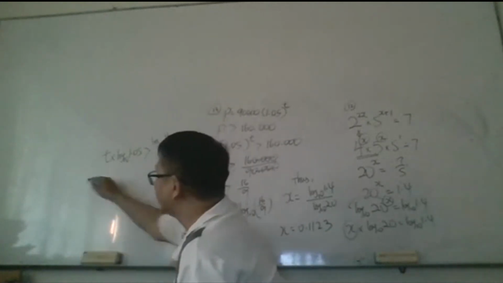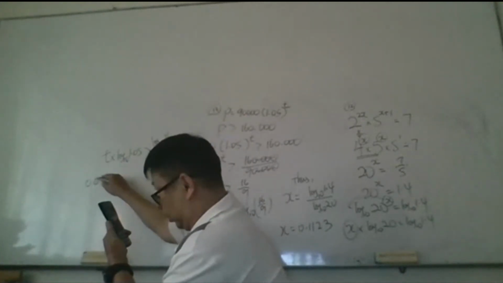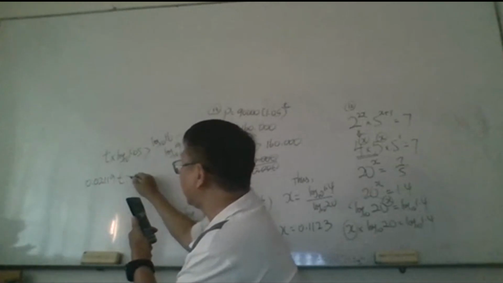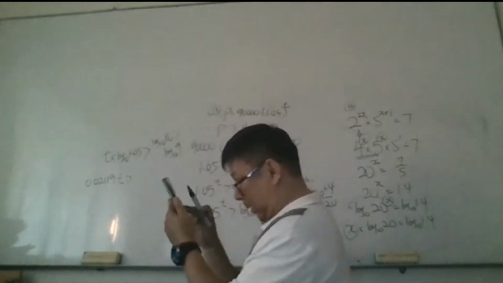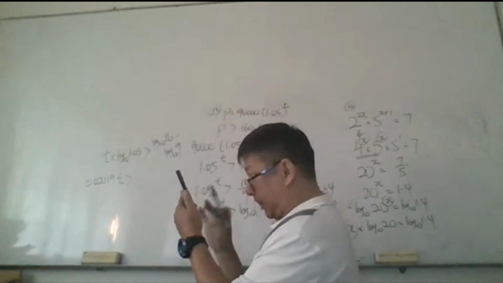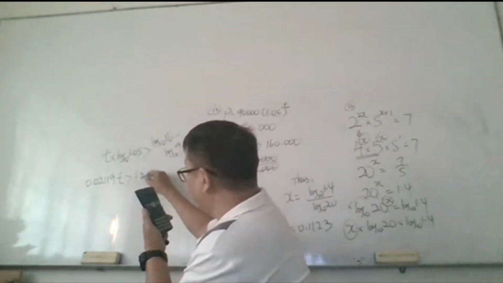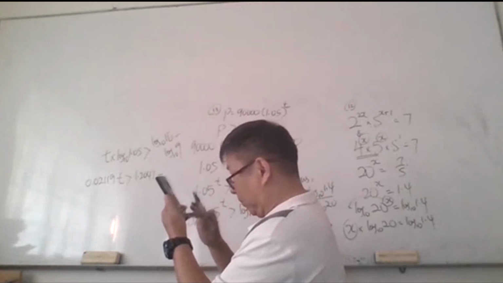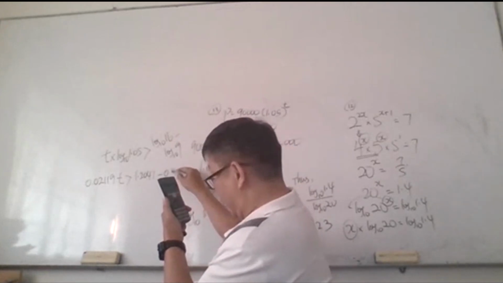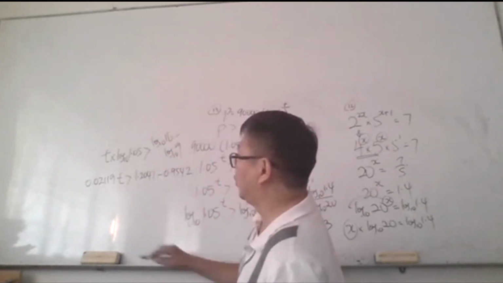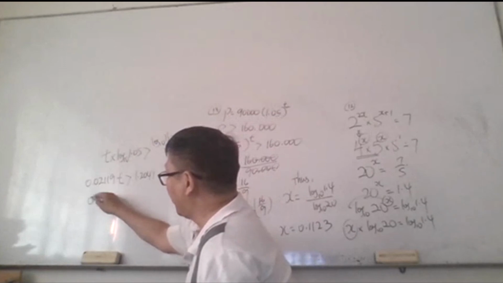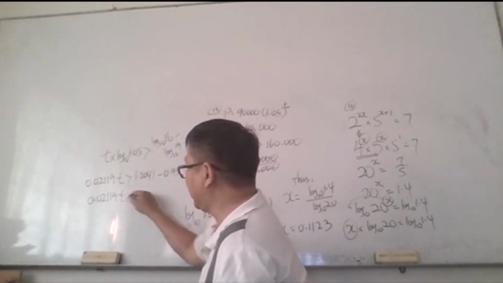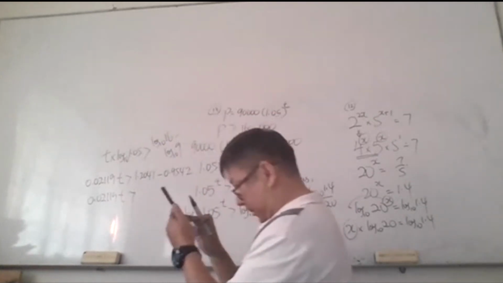I get 0.02119 T. And then this one will be log 16, 1.2041 minus 0.9542. And 0.02119 T is greater than 0.2499.